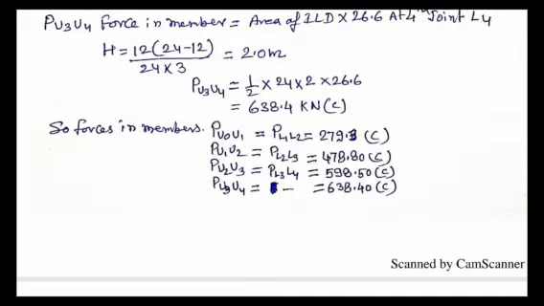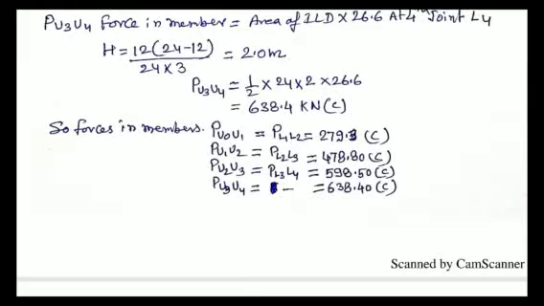So it comes to 279.3 compressive, and in the other member it will be tensile. So P U1 U2 will be equal to P L2 L3, and the force will be 478.80, compressive and tensile both. U2 U3 member will be equal to the load in L3 L4, which is 598.5, compressive and tensile both.